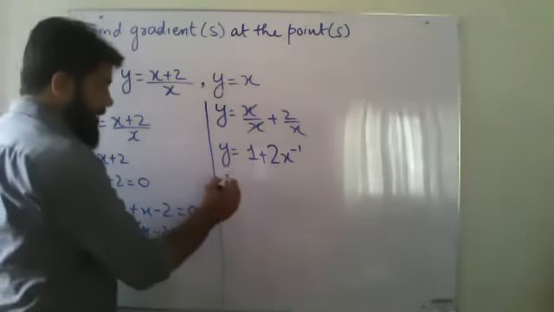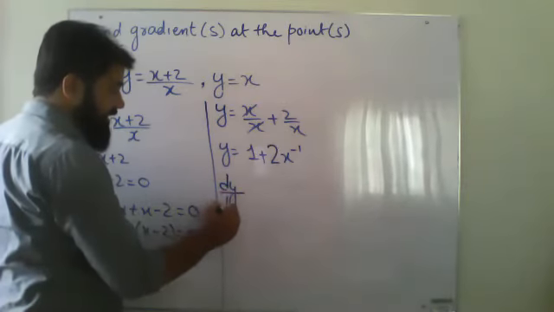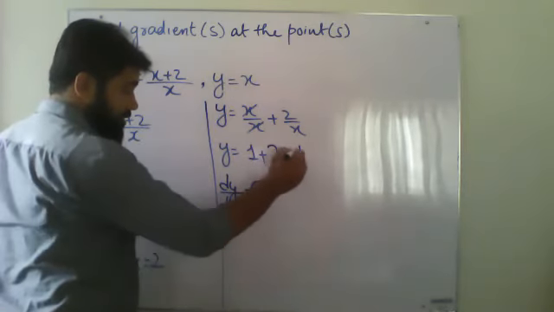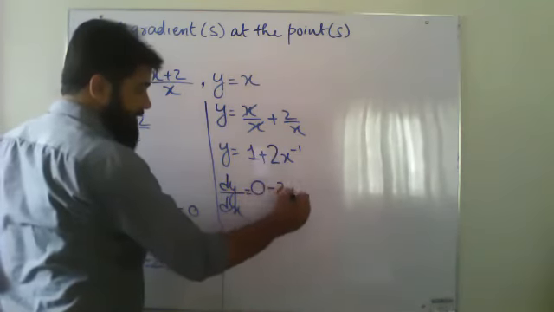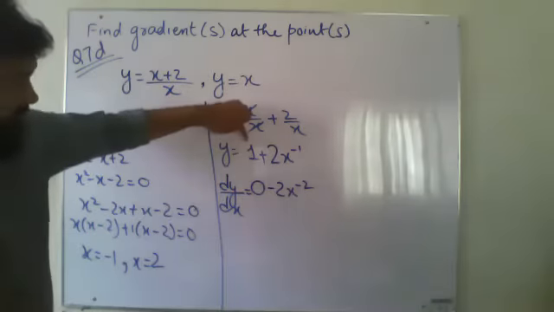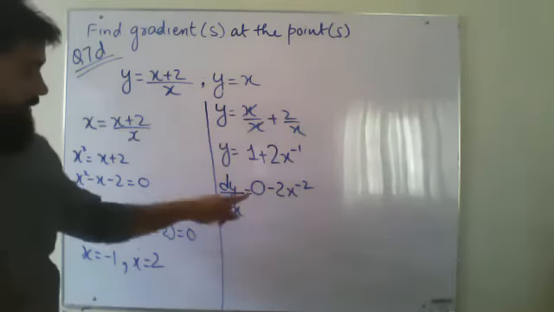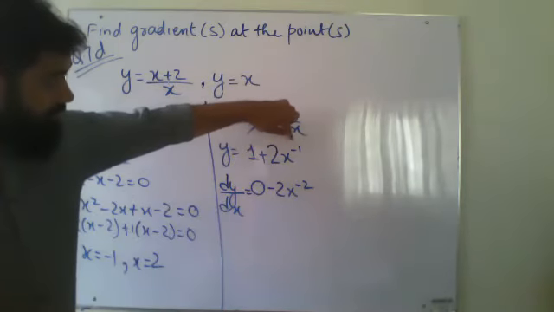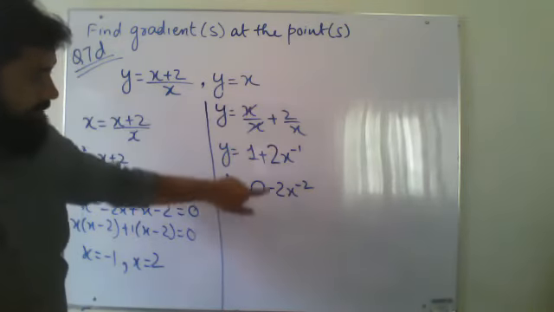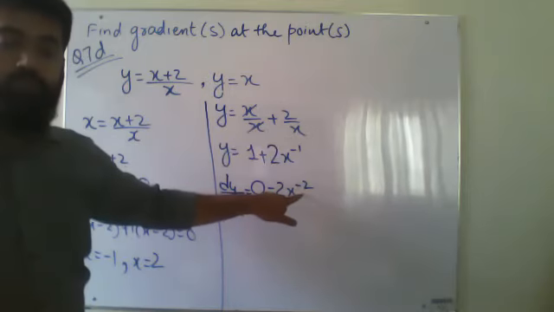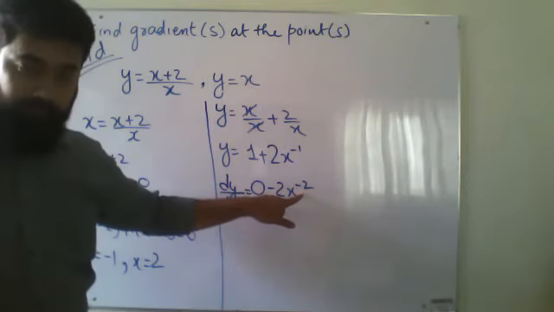So now I'm starting my differentiation, dy over dx. Differentiation of 1 will be 0, minus 2 x to the power minus 2. Differentiation of constant is 0. Power of variable multiplied by coefficient, and power is reduced by 1.